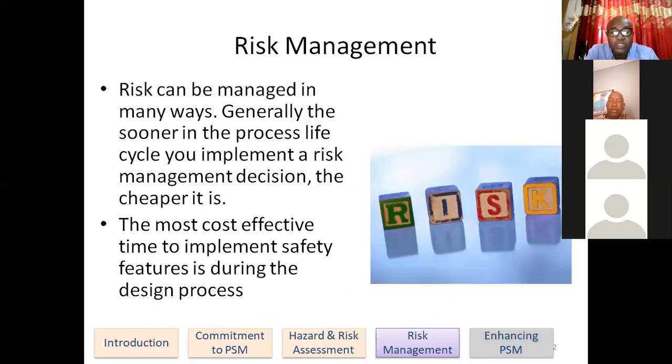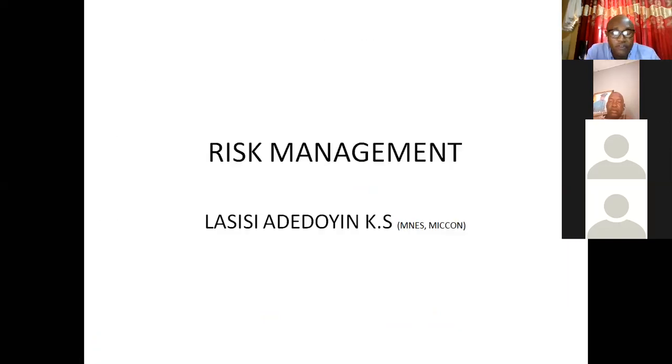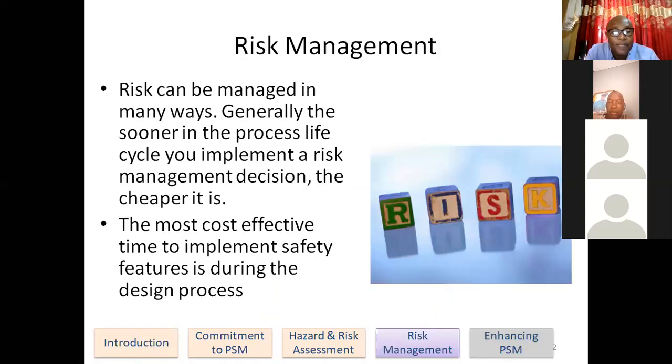Today, we'll take on different aspects of process safety management, and we look at risk management. And we say risk can be managed in many ways. Generally, the earlier in the process cycle you manage risk, the better. Don't design your equipment and, after designing it, say you now want to manage risk.